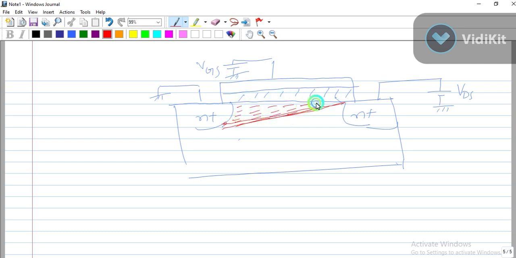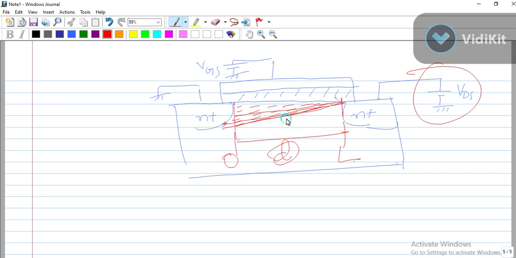So this is one observation: if we apply VDS, the charge carrier concentration will reduce from 0 to L. This is called channel length.